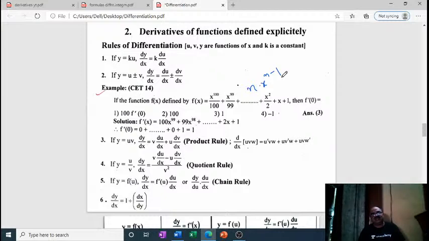So 100 cancels, you will have x power 99, x power 98, like that. And the last, x square differentiation is 2x, 2 cancels, it is going to be x. And finally, x differentiation is 1.